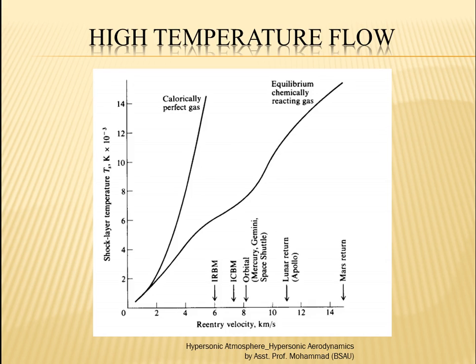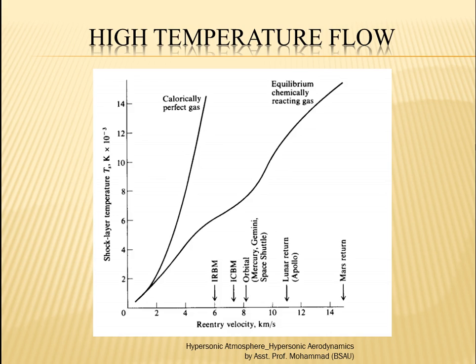So molecules start getting apart. We get them ionized because of the high temperature available there. The extent of increased internal energy causes the specific heat capacity to become a function of temperature. So the ratio of specific heats gamma also becomes a function of temperature.